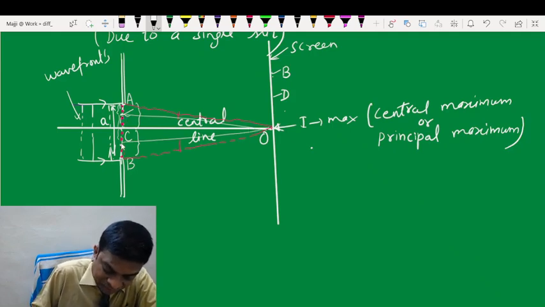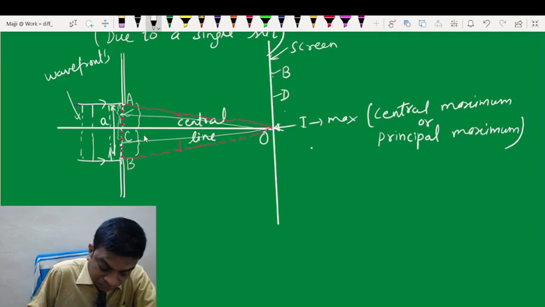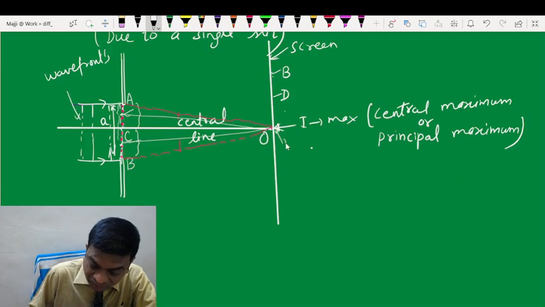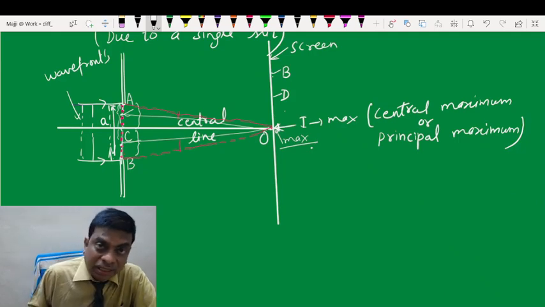So the secondary wavelets interfering here will be interfering in phase, that is without any phase difference. So this way, corresponding to every point in the upper half, there has to be a point in the lower half of the slit where they'll interfere constructively, and hence they'll get superimposed constructively and enhance the effect of each other, thereby increasing the intensity. So that is the reason why we can expect to have a maximum intensity at the center, that is the central maximum. I hope that explanation is clear.